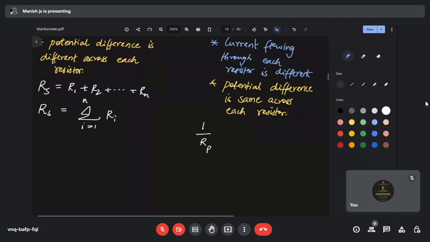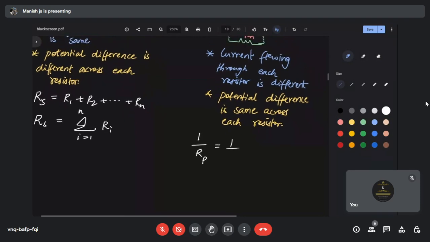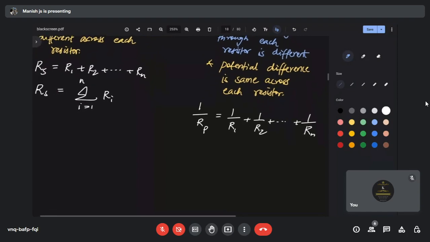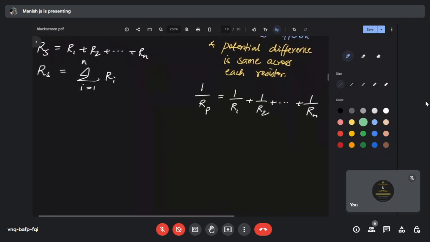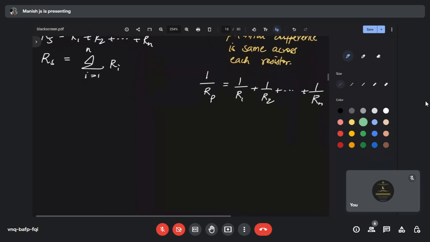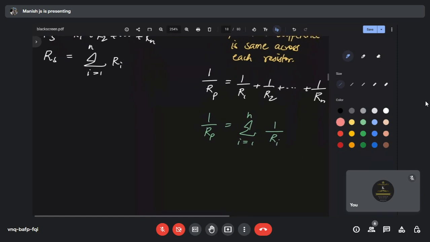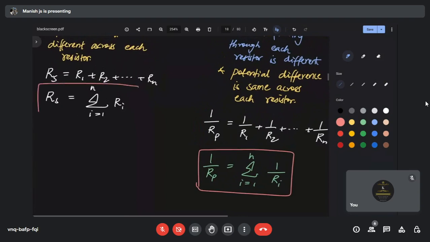So 1 upon Rp is equal to 1 upon R1 plus 1 upon R2, and so on up to 1 upon Rn. Again, you can express this in terms of summation: sigma i equals 1 to n of 1 upon Ri.